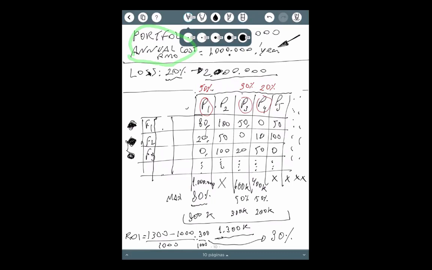I'm saying that F1 has 100% of probability to solve problem 2, right? So when I asked people, do you believe that F1 can solve problem 2? All of them agreed that yes, 100% of chances. Okay, that's what we have here.